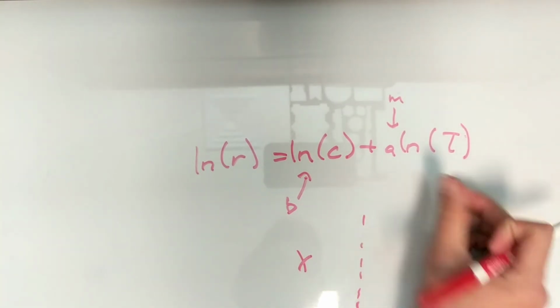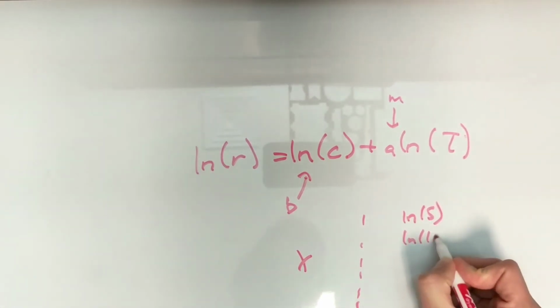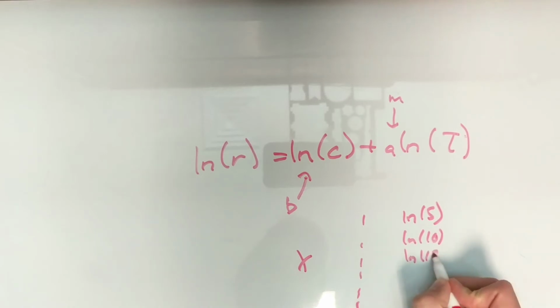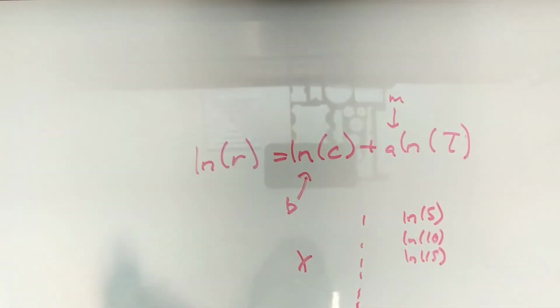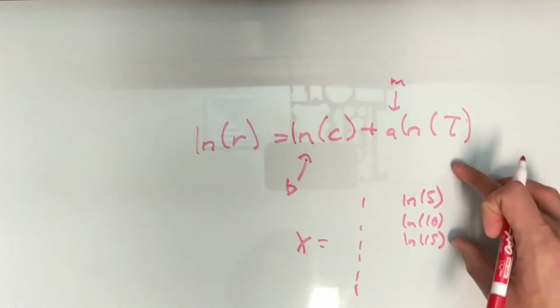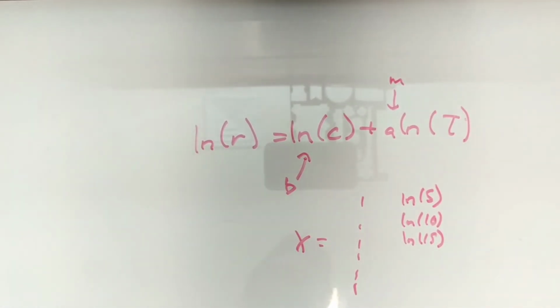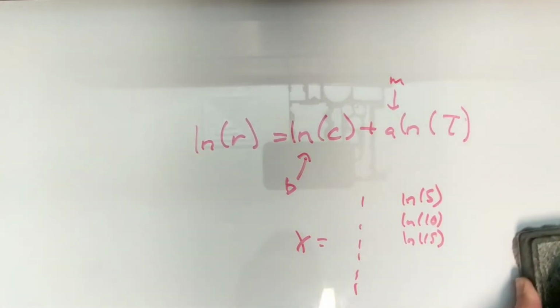And the t over here is going to be ln of t. So it'd be like ln of 5, ln of 10, ln of 15. And so that's how you would implement your x matrices, by having these 1s and then these ln's. And these aren't actually 5, 10, and 15, but that's just kind of an example from the last data set that we used. So for problem 7, that's how you'll line up your x.